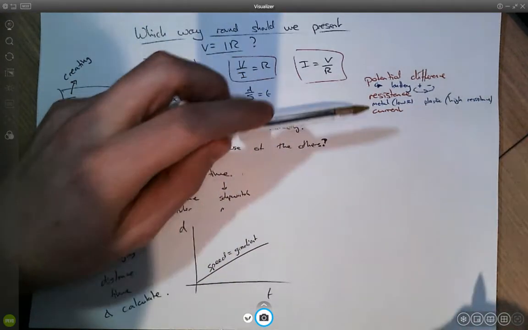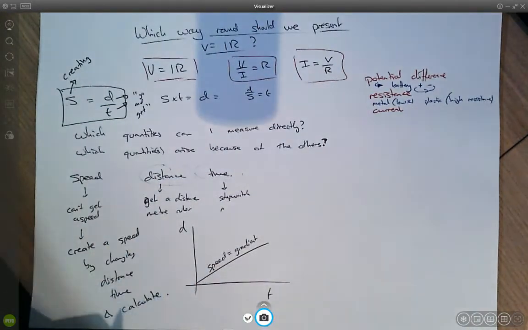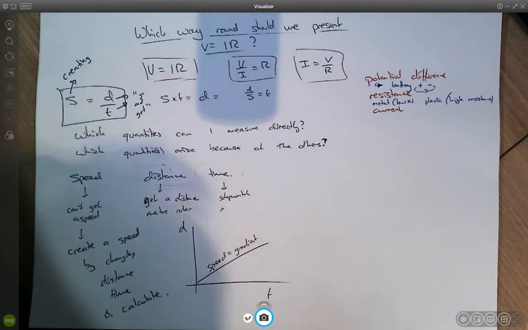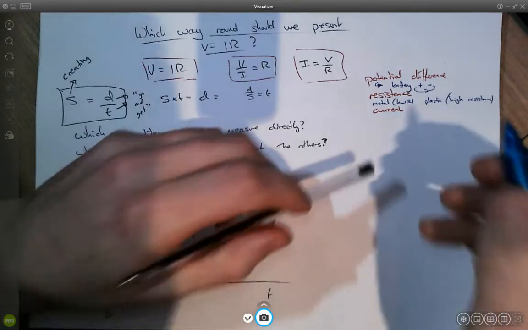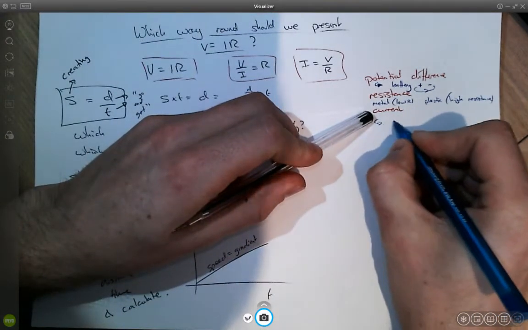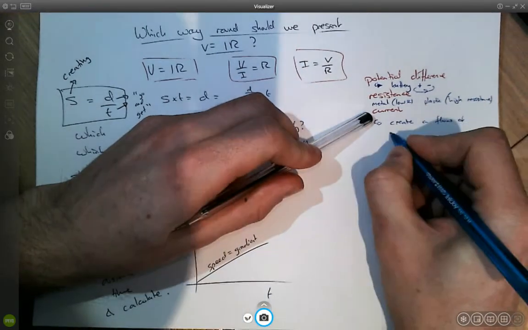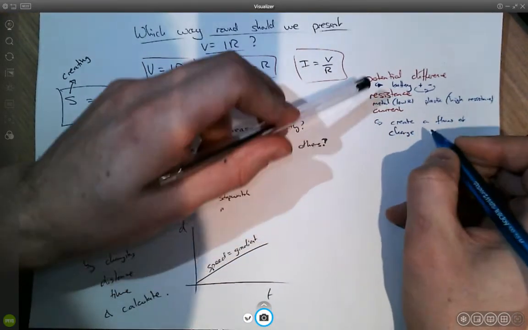And then we have to ask ourselves, can we get a current? Can I get a flow of charges? Can you just give me a flow of charges? And you can't. But you can create a flow of charges by putting a battery in a circuit.